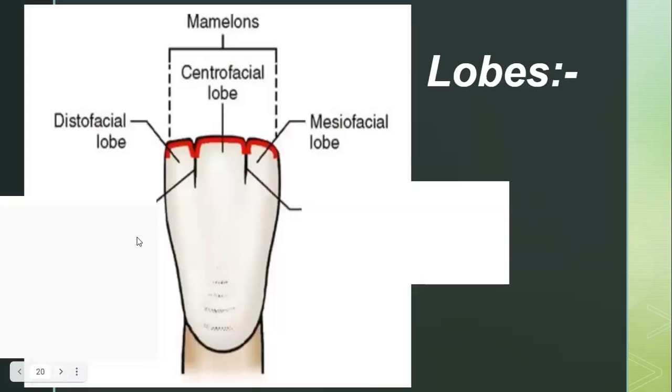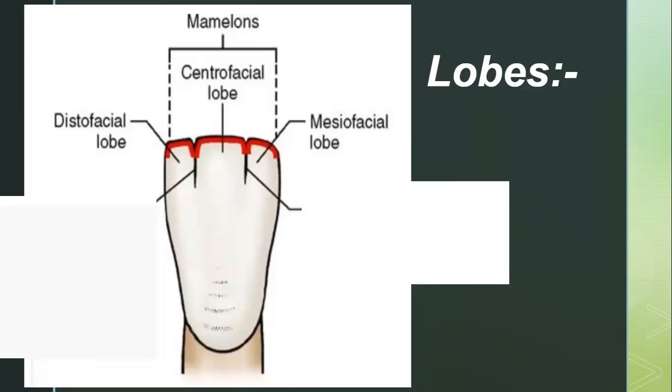So now let's move towards the lobes. What are lobes? The lobe is one of the primary parts which will start the formation or the development of the crown. From where the development of the crown begins is the lobe.